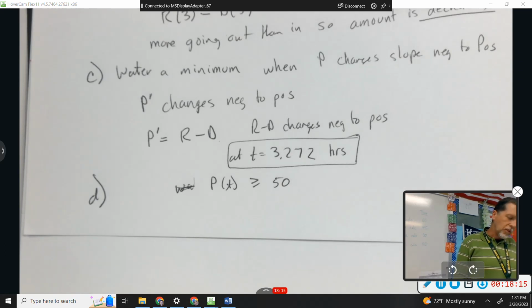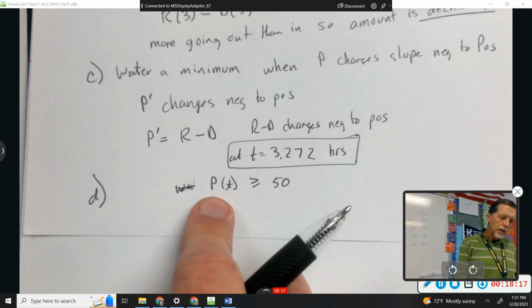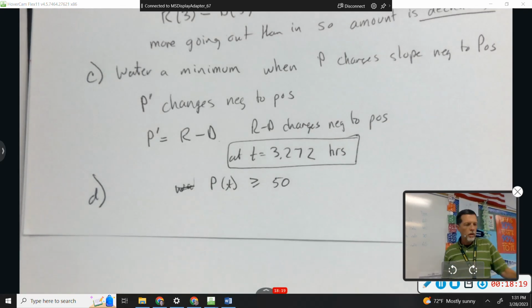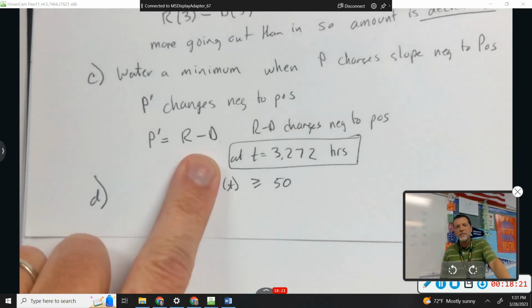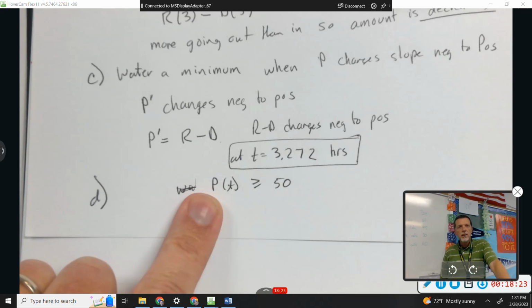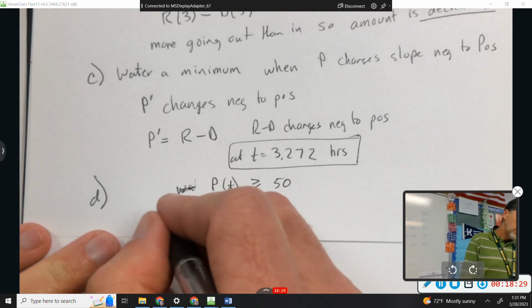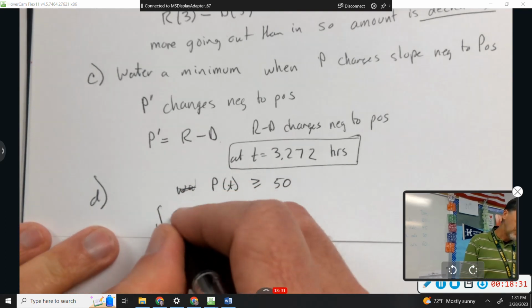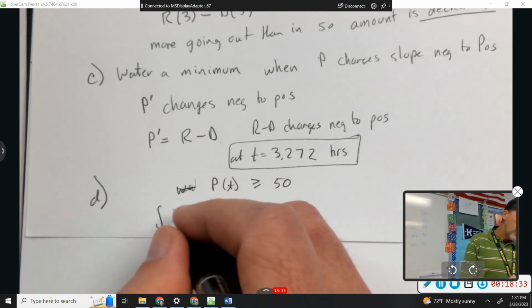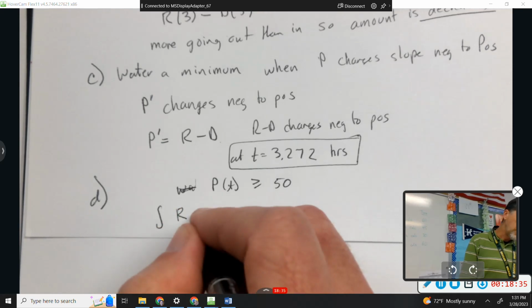Let's see. So now I need some expressions for P. Wait a minute. If P prime is R minus D, then to get to P, we take the integral. So let's integrate R minus D.